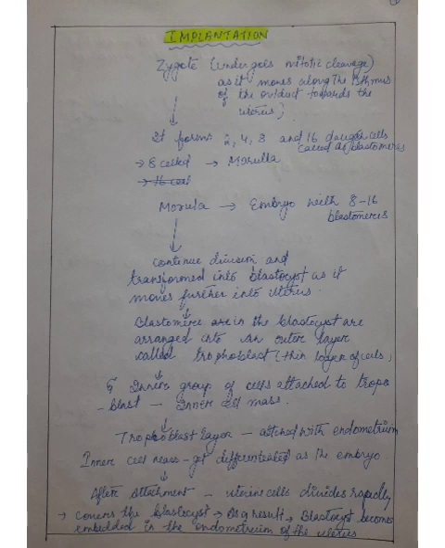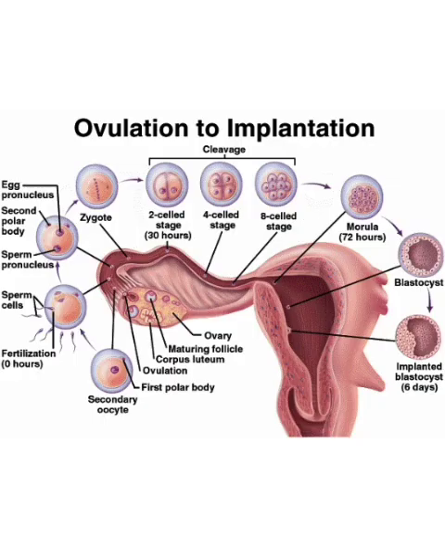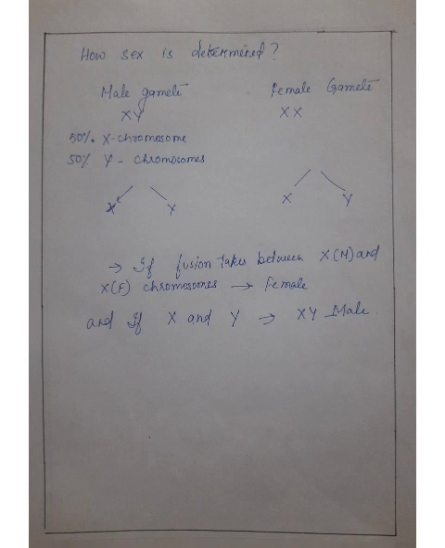I hope it is clear how sex is determined in human beings. If you have any doubts regarding this topic, you can ask me, and do write notes on this and show me in my next class.